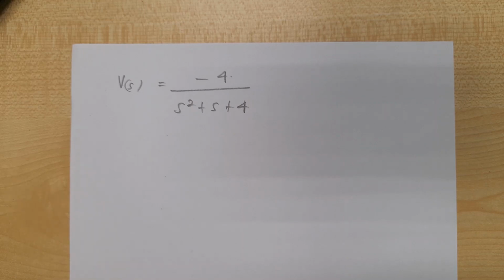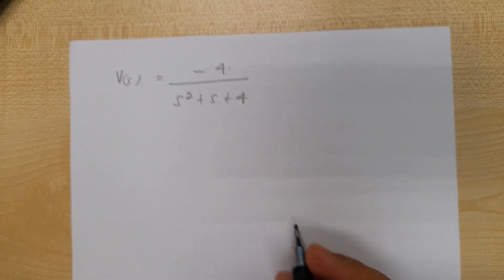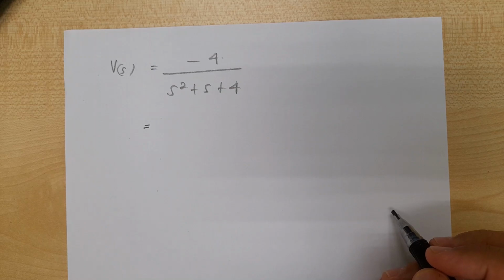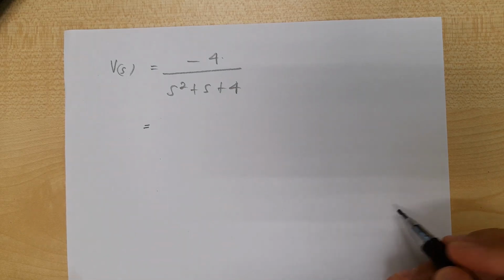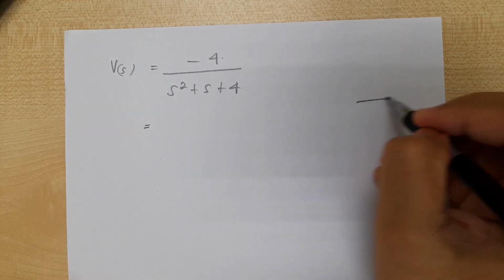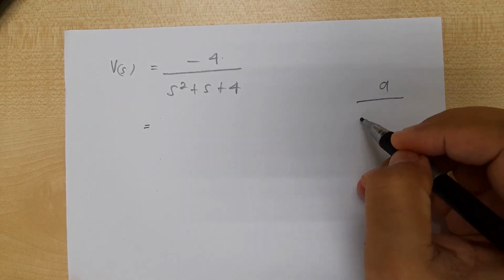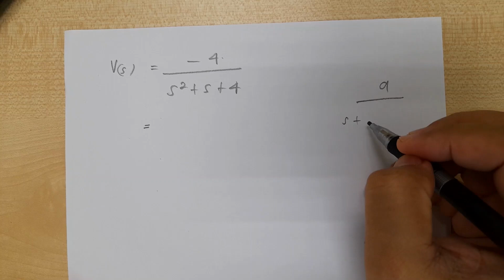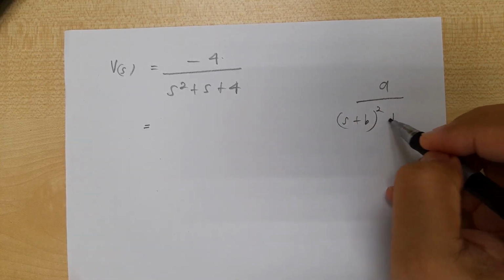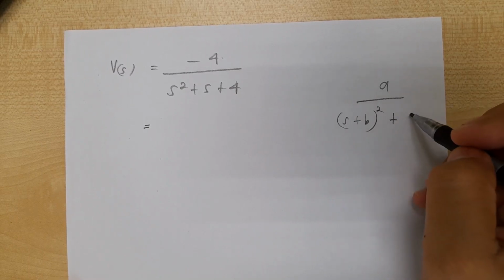Basically what we can do here is try to have it in such a form, like S plus b squared plus a squared.